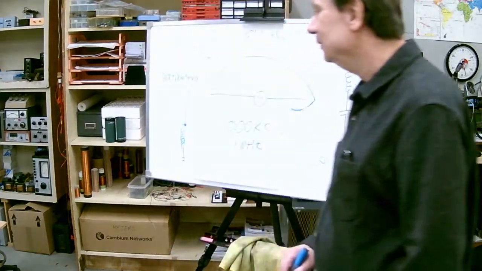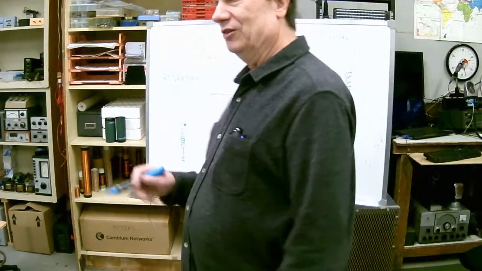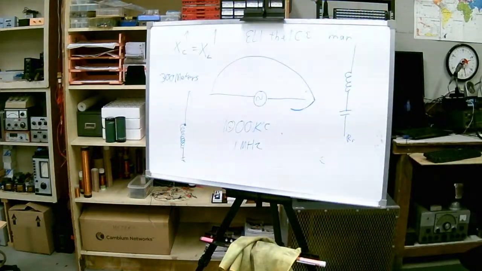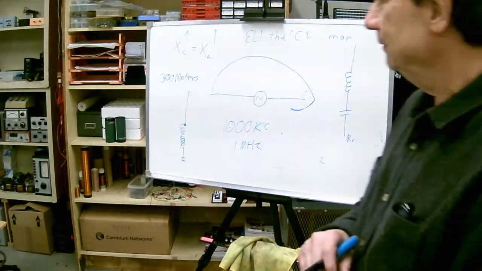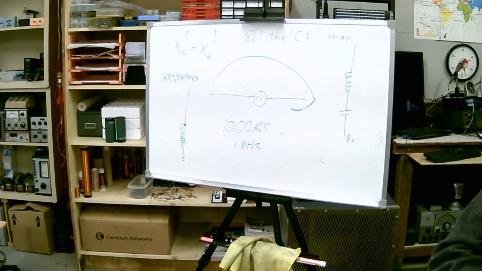Now, there's one other thing that happens. What's the radiation resistance of that? We didn't even talk about which direction it goes as you shorten the antenna. I would assume the most efficient radiation resistance would be at that halfway point.